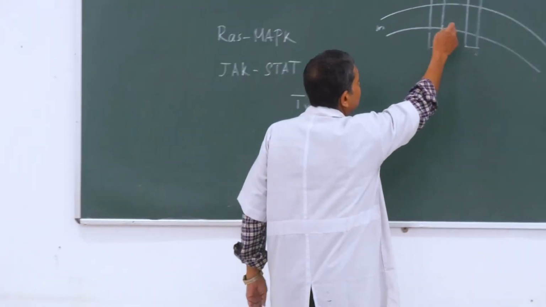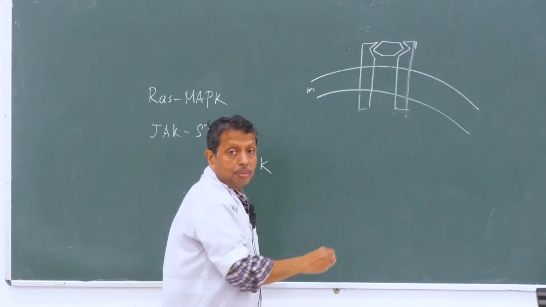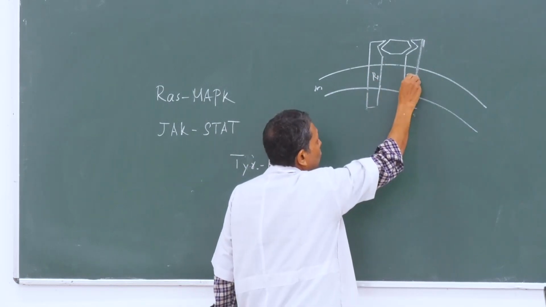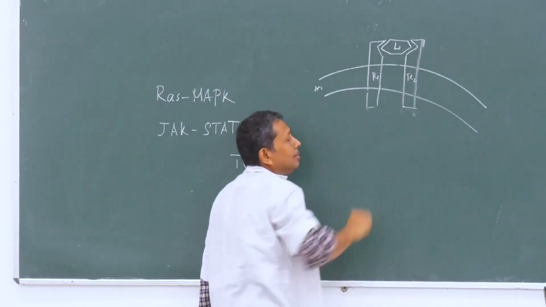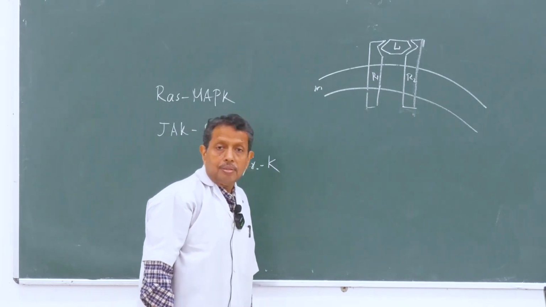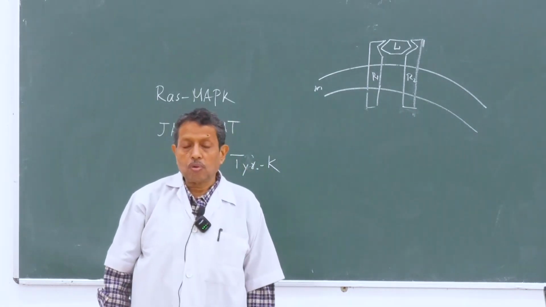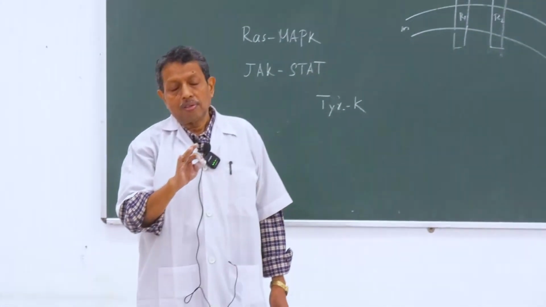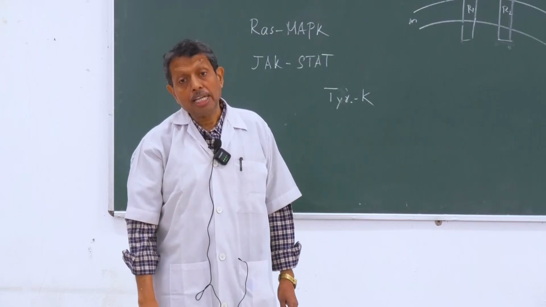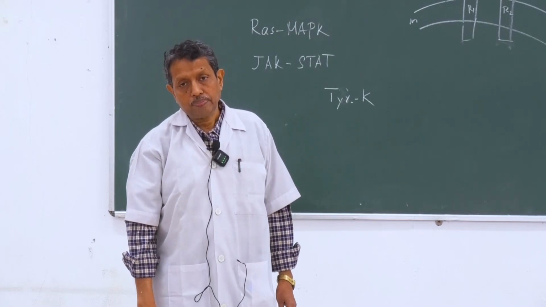Suppose whenever there is dimerization of the receptor, it is receptor 1 and receptor 2, and it is the ligand. It may be cytokine or colony stimulating factor, in blood cell production, also called CSF.